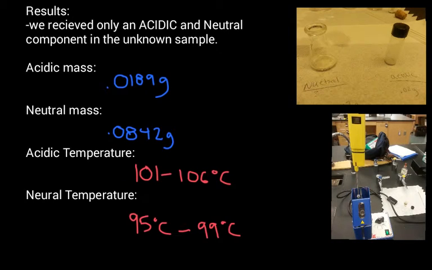The acidic melting point was from 101 degrees Celsius to 106 degrees Celsius. The neutral melting point temperature was 95 degrees Celsius to 99 degrees Celsius.